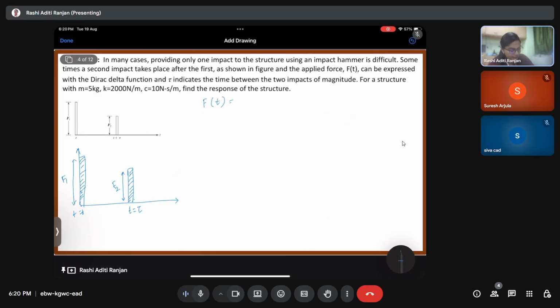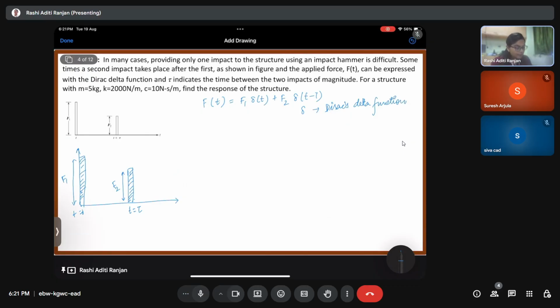So we can write it as F1 delta t plus F2 delta (t minus tau), where delta is nothing but the Dirac's delta function, right? We can write the impulse force that is applied to the system like this.